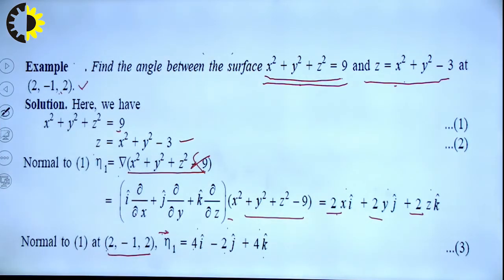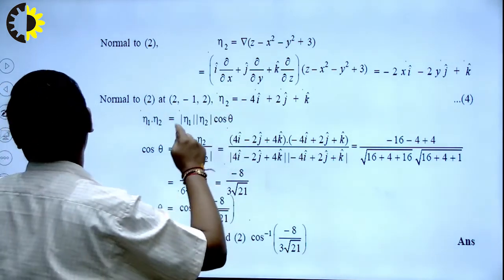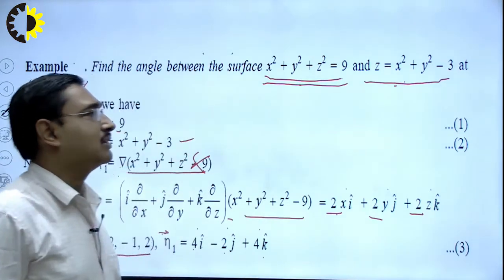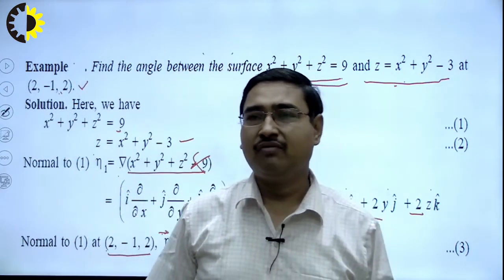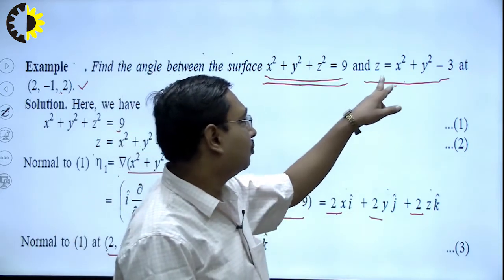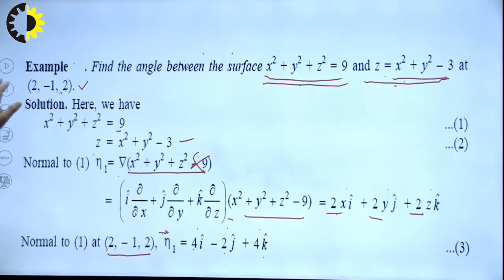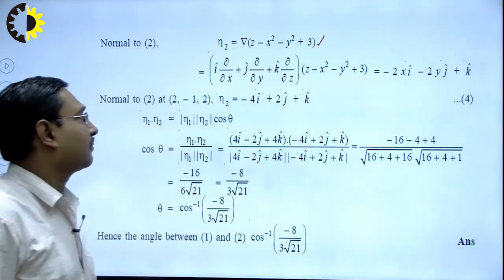Now we shall repeat the same process for the second surface. The second surface was this, z equals x square plus y square minus 3. Because terms of x, y and z should be involved in phi x, y, z, this right hand side is transposed to the left hand side, and then its gradient is taken.